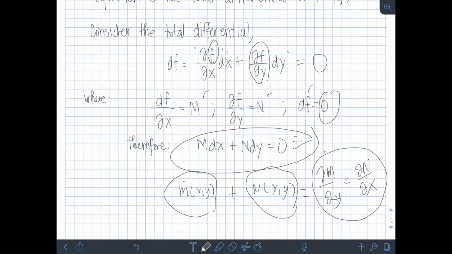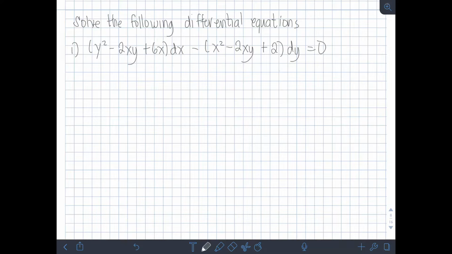Okay, so para ma-illustrate ay mag-solve tayo ng example para mas malinawan tayo sa step-by-step process. Okay, so for the first example, we have, solve the following differential equations. Number 1, quantity y squared minus 2xy plus 6x dx minus quantity x squared minus 2xy plus 2 dy equals 0.